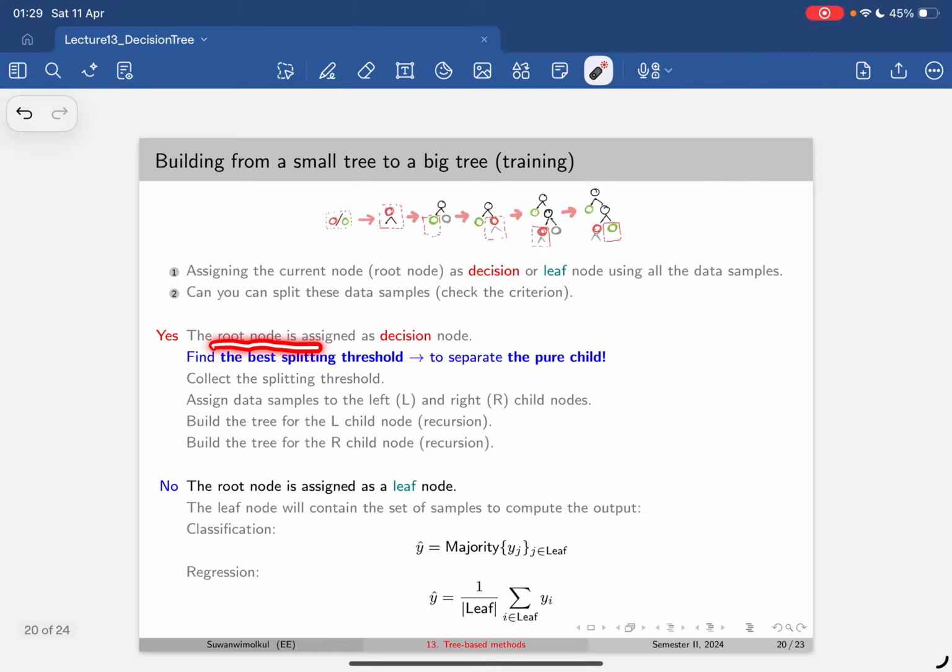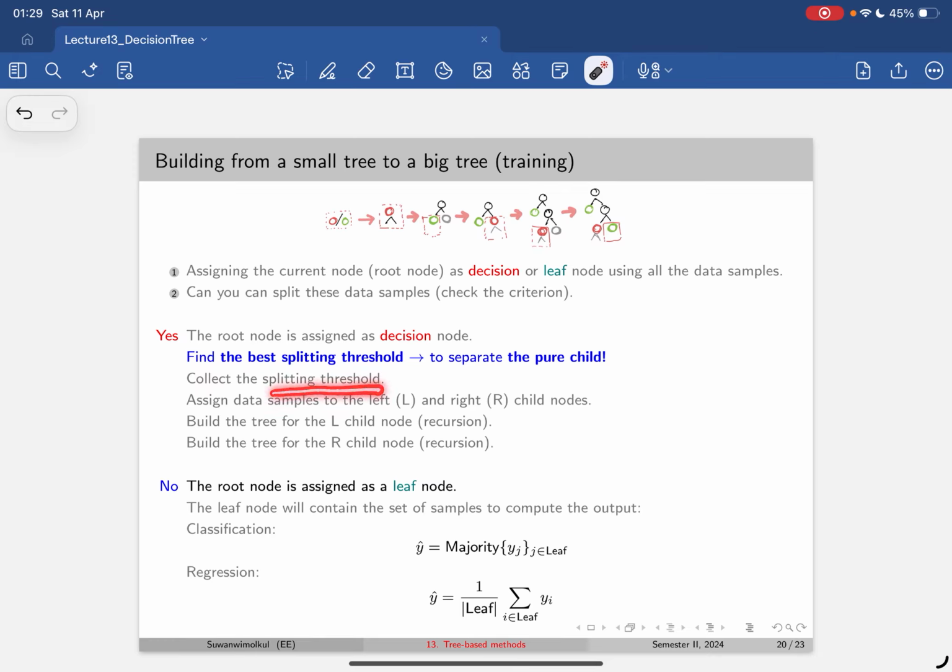Then that root node will be assigned as a decision node. And we find the best splitting to separate the pure child. As you've seen before, when you find a value of x0 that gives you a region that contain set of points that are from the same class, then that is pure. Then you do the splitting.